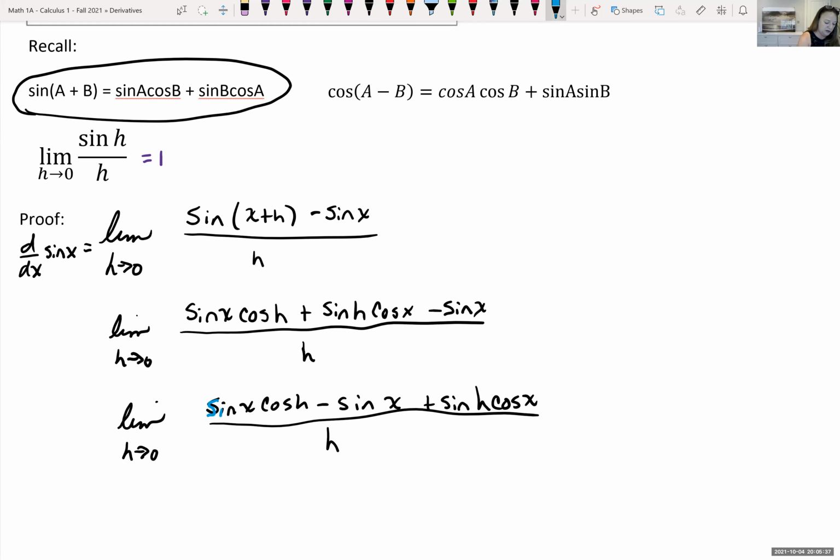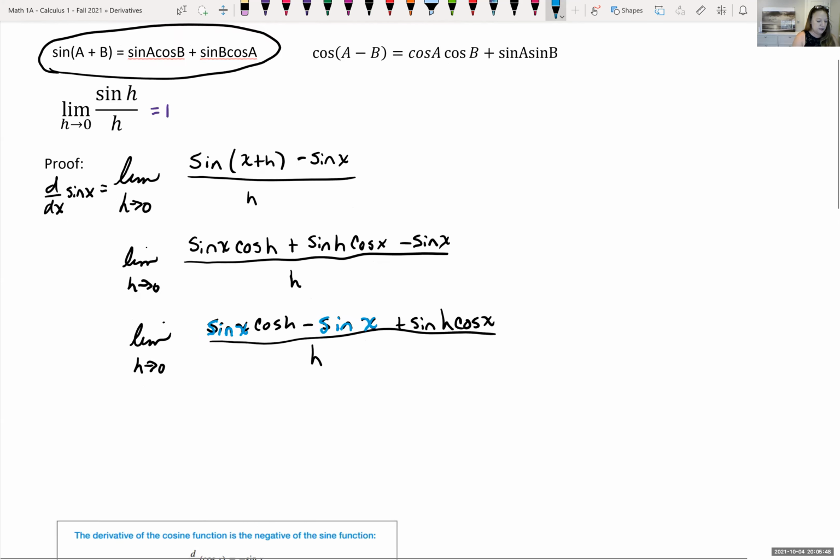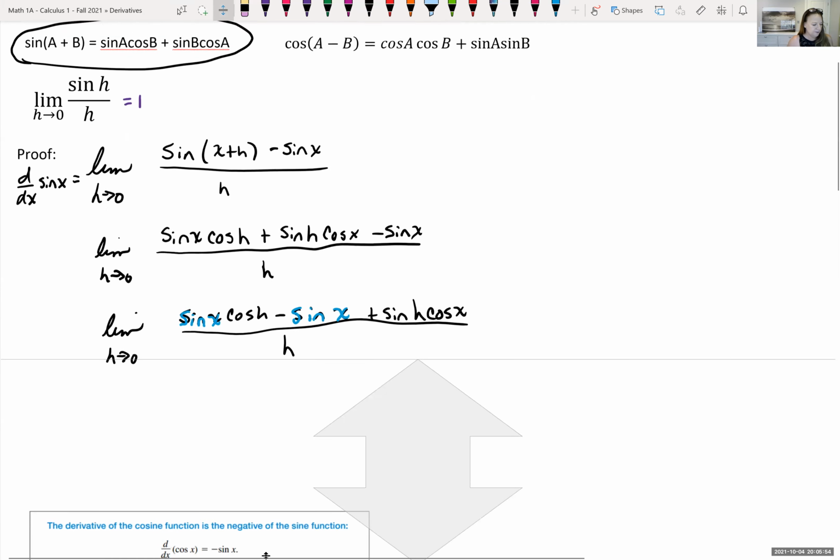And so now let's just group the first two terms together and let's factor out a sine of x. And so if we factor that out of the first two terms, why don't you guys go ahead and do that while I move this down.